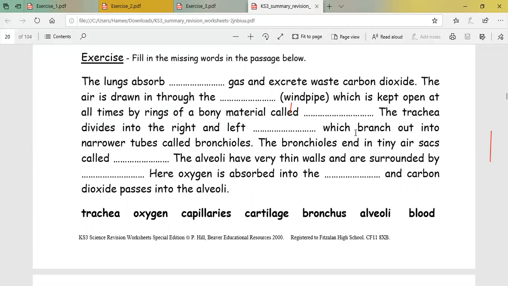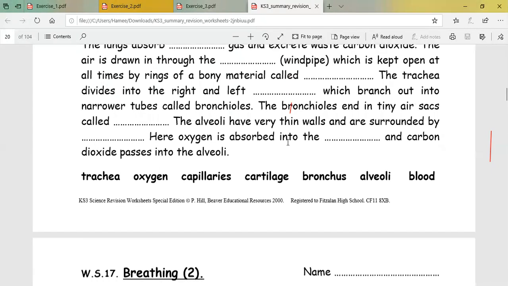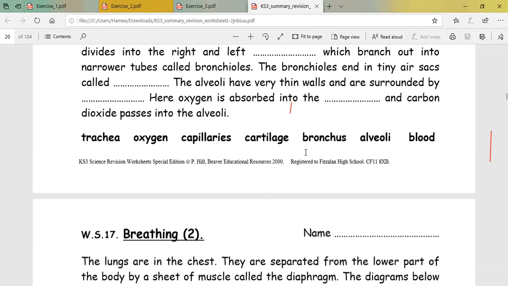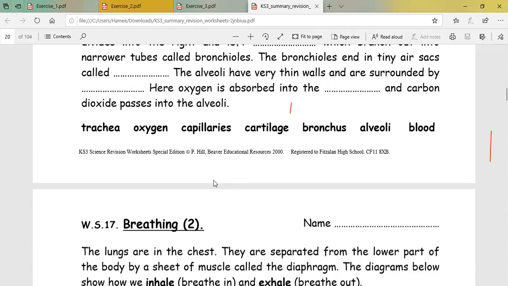The bronchioles end in tiny air sacs called the alveoli. The alveoli have very thin walls and are surrounded by capillaries. Here, oxygen is absorbed into the blood and carbon dioxide is passed into the alveoli.